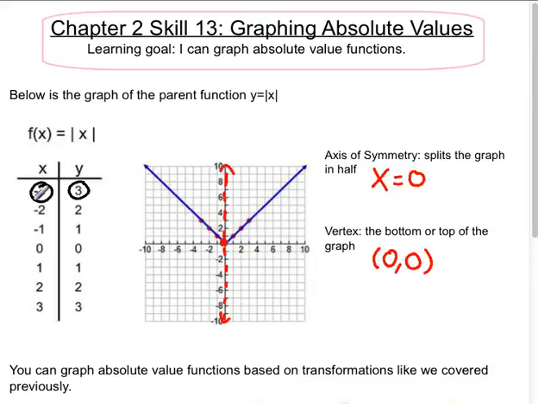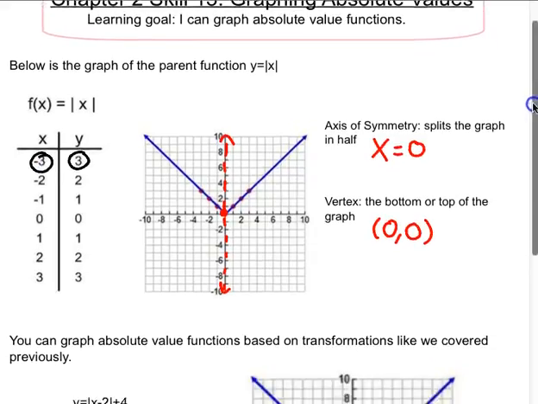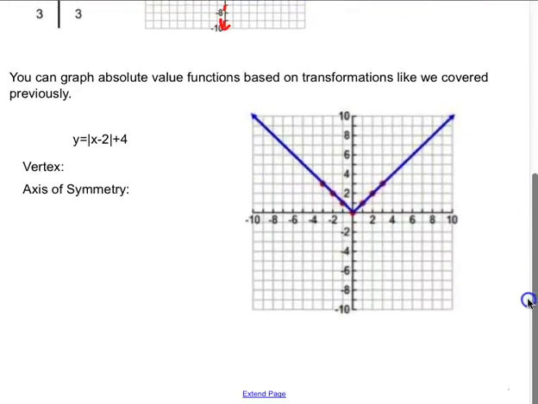And now what we're going to do is we're going to study how can we graph this based on transformations. Okay, so based on transformations, we're going to graph this thing. Now, what do I mean by that? Well, what I mean by that is look at this. You know what that means now.